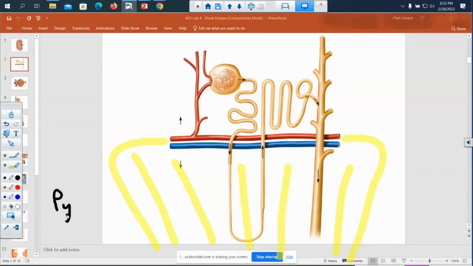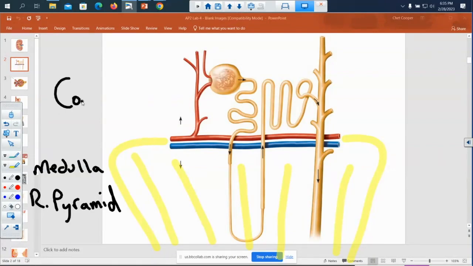That is a pyramid. And yes, it's called renal, and that means that is the medulla. Up here would be the cortex. And so you can see this part of the nephron is in the cortex, and a little bit of it comes down into the pyramid.